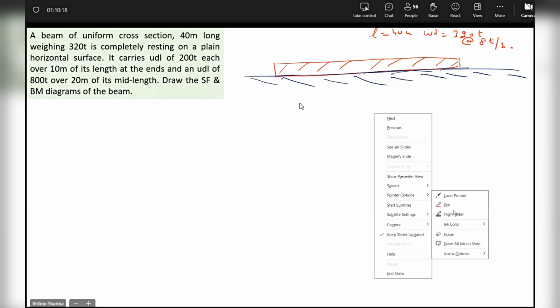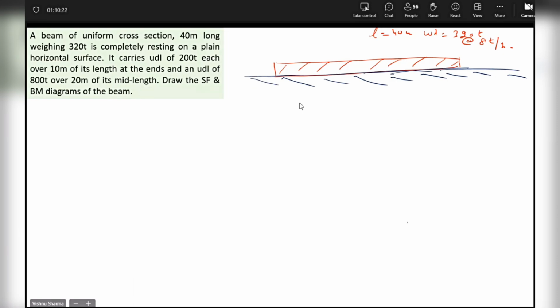So this will be the midpoint, this will be 10 meters. Then it carries a UDL of 200 tons here.